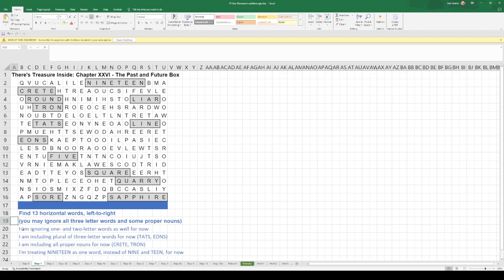Now, this in itself can be interpreted multiple ways. You may ignore means you can not count three-letter words like Lew, L-E-W. I'm just making this up. But does it say you should ignore all, or you might ignore? Most people are pretty sure you should ignore three-letter words. So that's what I'm doing.